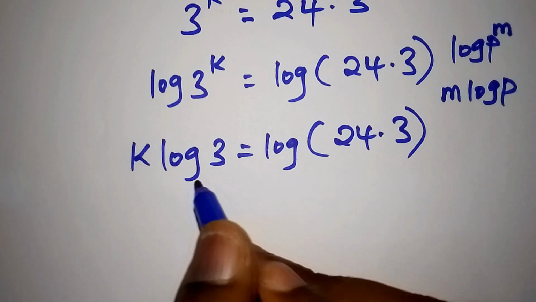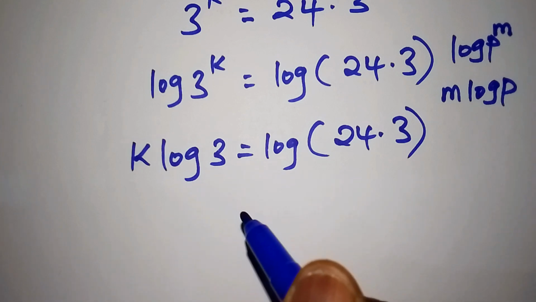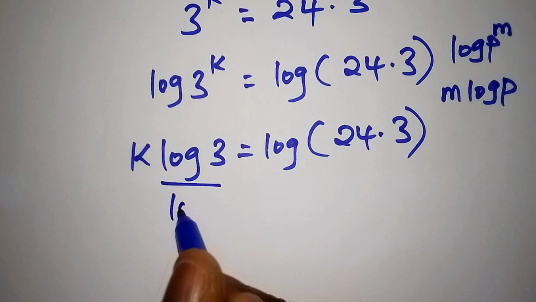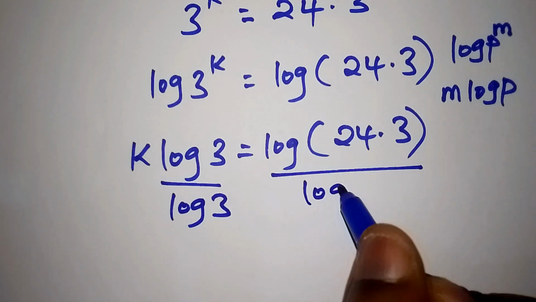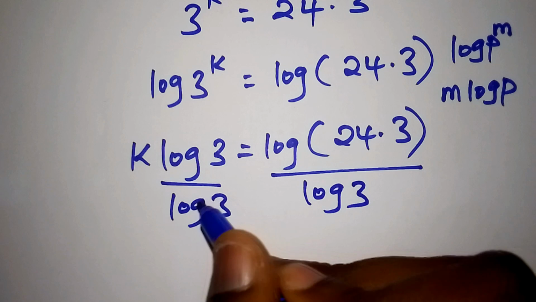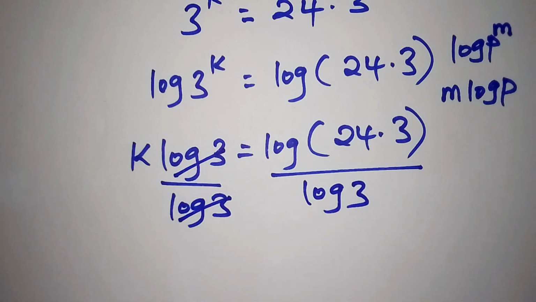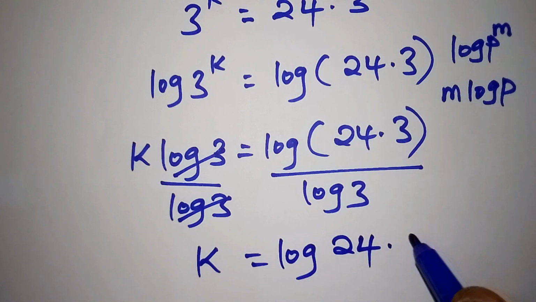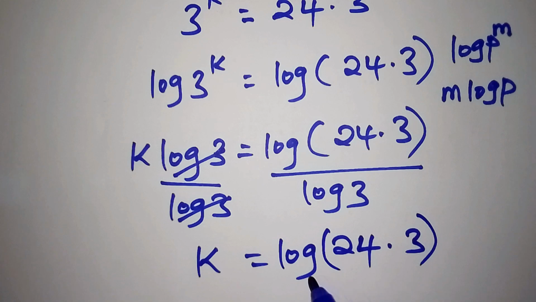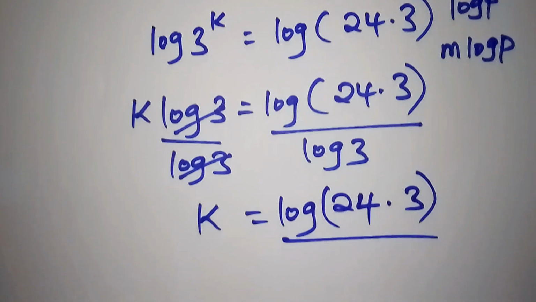So here we shall have it as over log 3, then this side is all over the log of 3. So log 3 and log 3 shall cancel out, so that now our value for k is equal to the log of 24 multiplied by 3, then all over the log of 3.